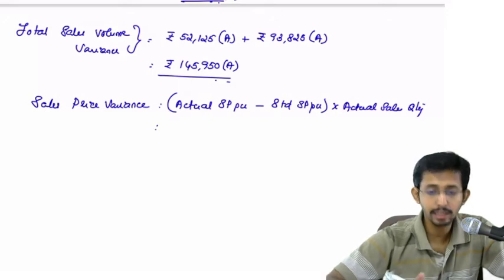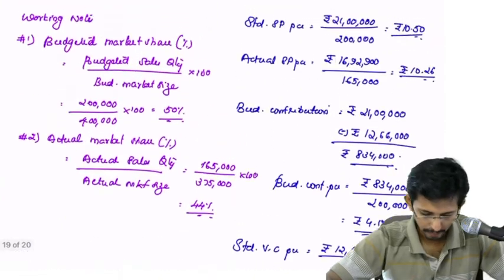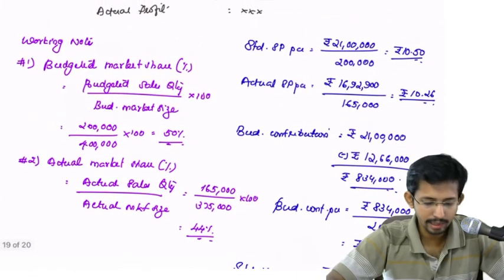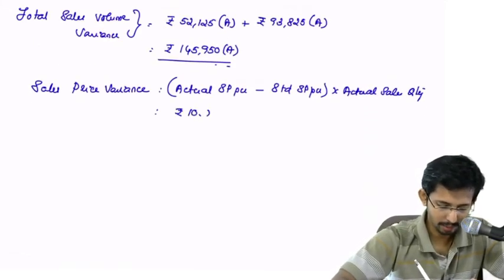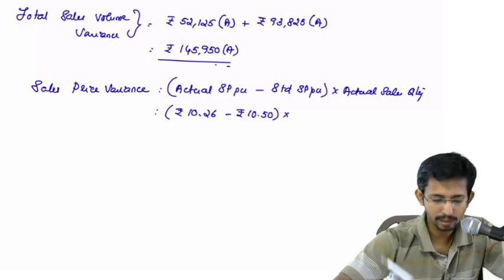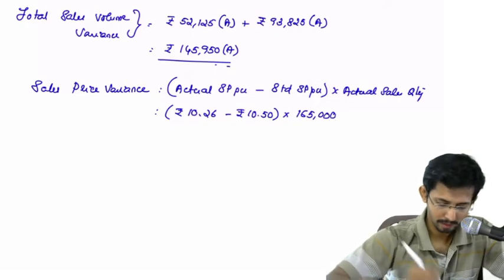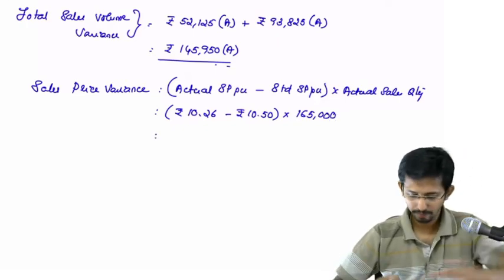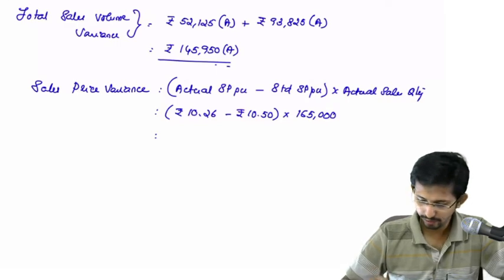So what is the actual selling price per unit? We have already computed it. Actual selling price is 10.26 whereas standard is 10.50. So 10.26 minus 10.50 multiplied by actual sales quantity, which is 1,65,000.